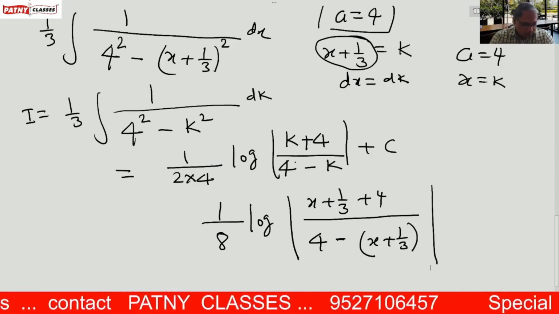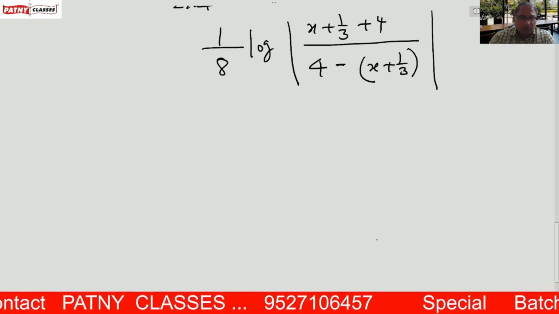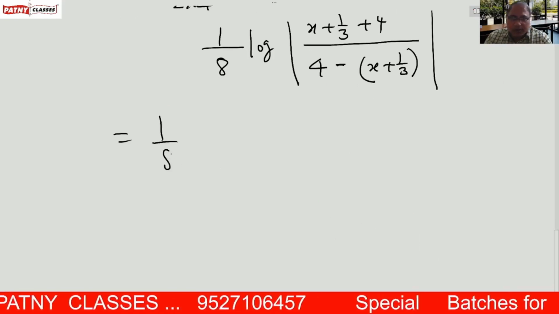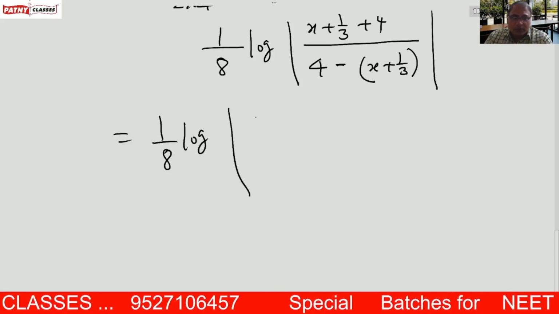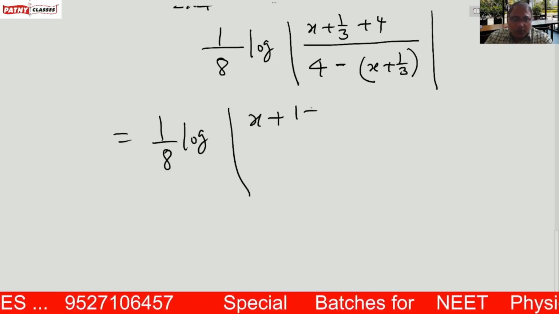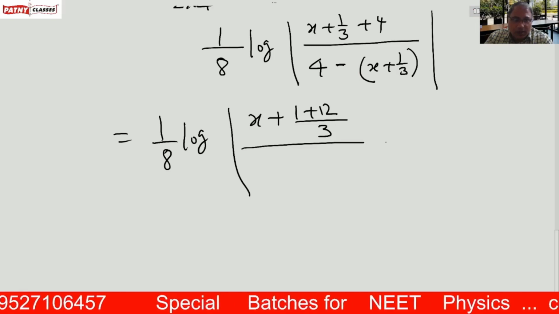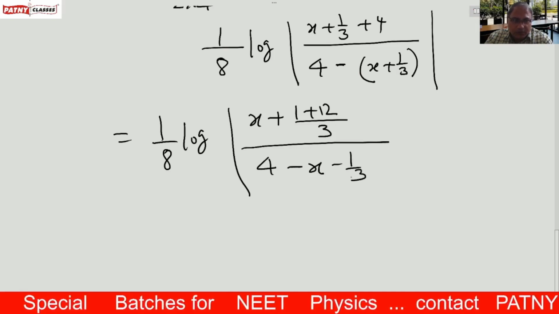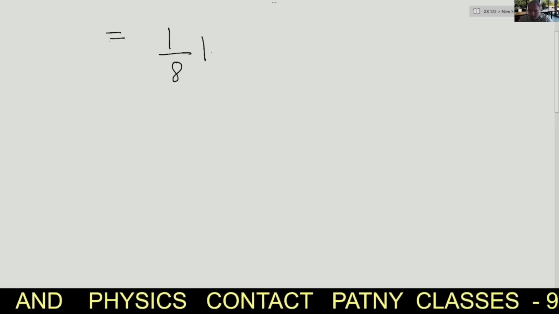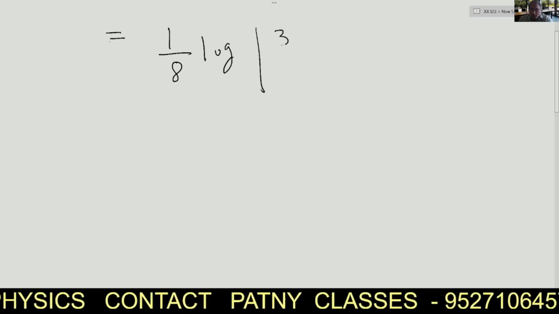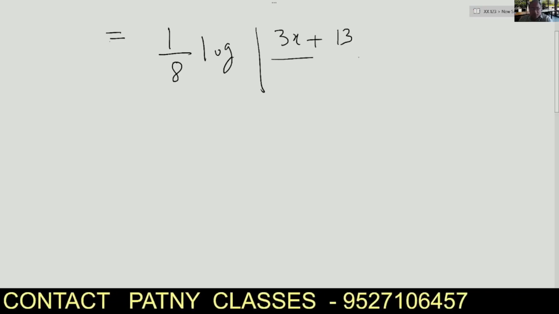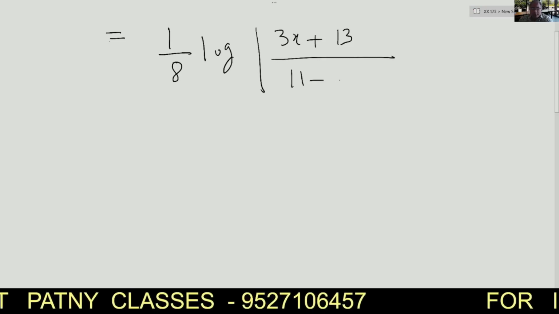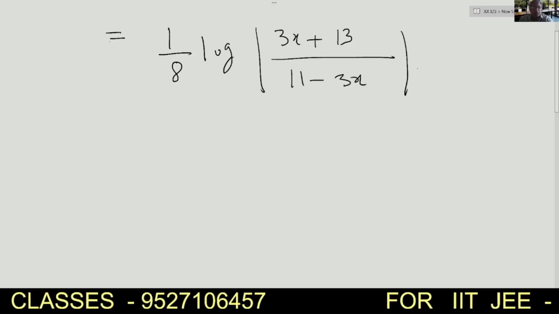It equals 1 upon 8 log of x plus 1 plus 12 by 3 upon 4 minus x minus 1 by 3, which equals 1 upon 8 log of modulus of 3x plus 13 upon 11 minus 3x, plus c.